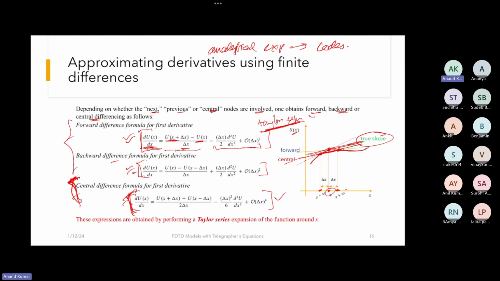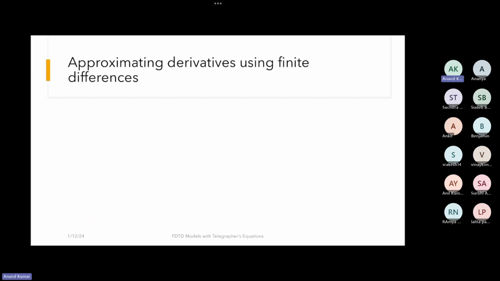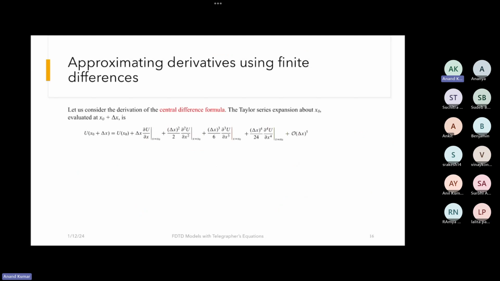These come from the Taylor's series, and this is how your Taylor's expansion looks. You write x naught plus delta x, and the values around x naught are expanded like this.